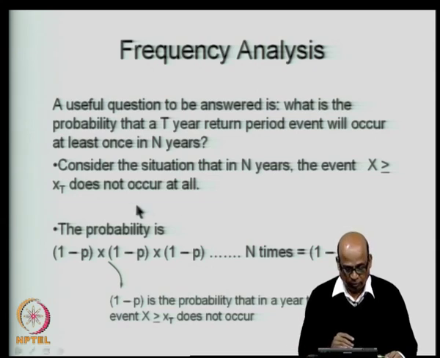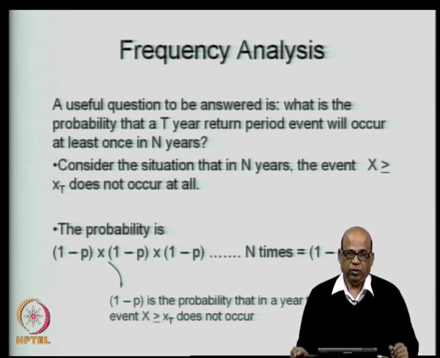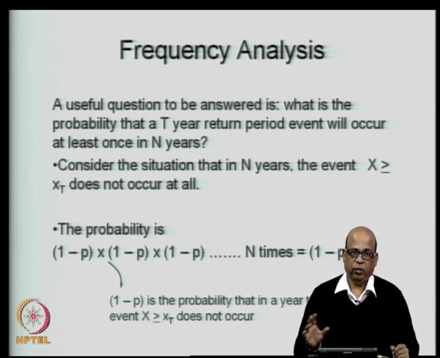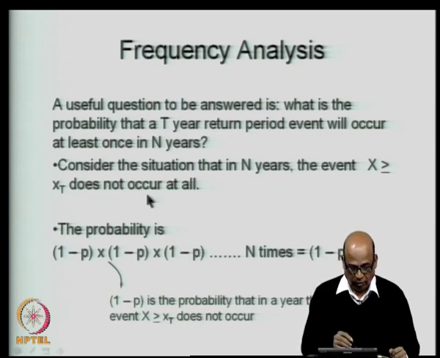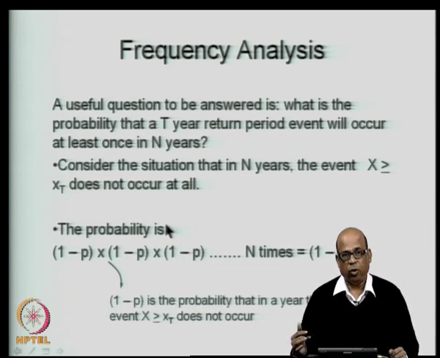So, let us try to answer this question. We will take the complementary event. At least once in n years, the complementary event to that is that it never occurs in the n-year period.